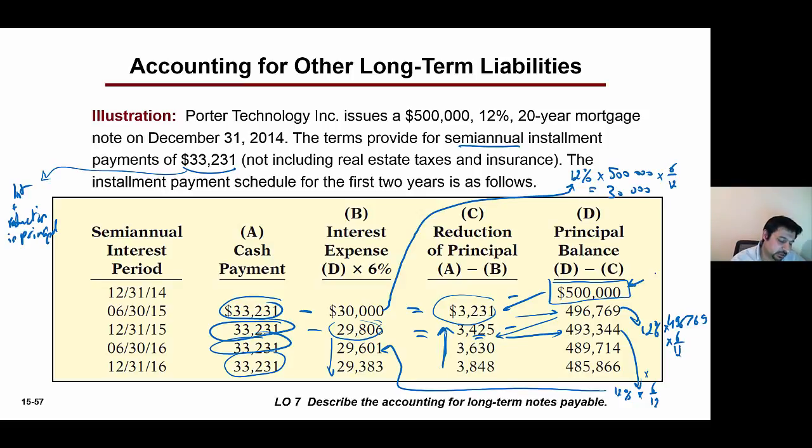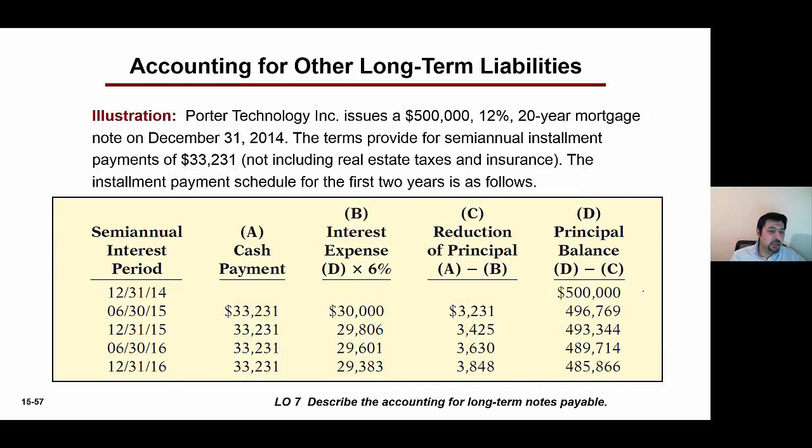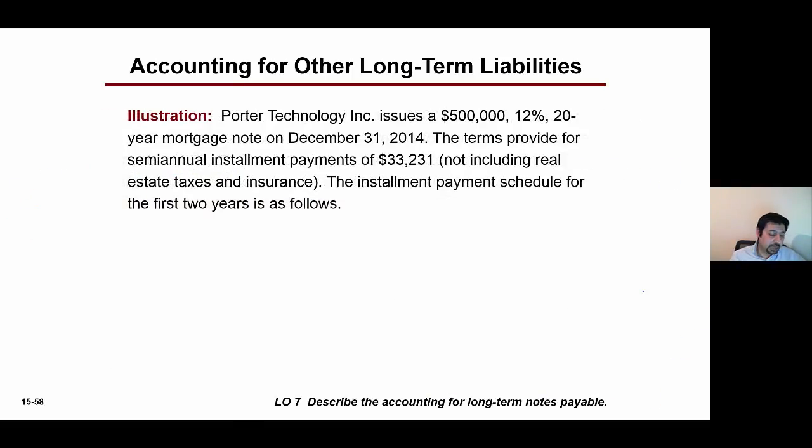The company has received cash of 500,000. They issued 500,000, so the company received 500,000. As a result, the company will debit cash 500,000 and credit mortgage payable 500,000. So far, the company did not pay any interest.